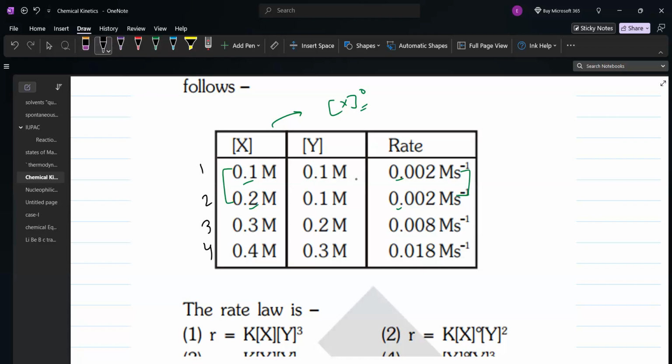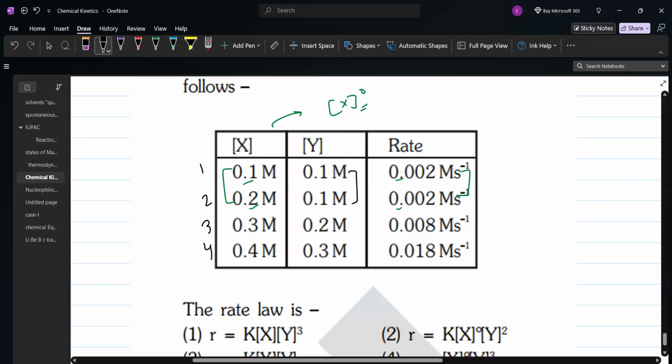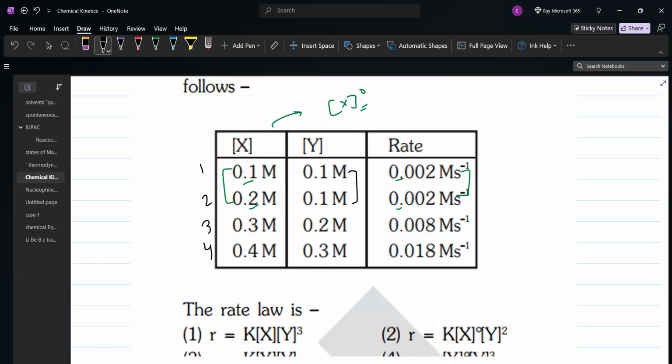Zaina, you can see that in the Y part there is some term which we can compare, but in this column there is nothing which is the same, right?